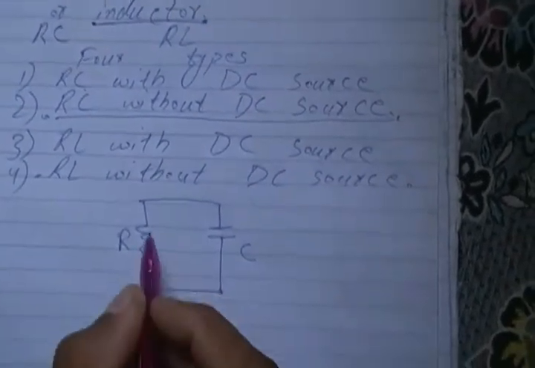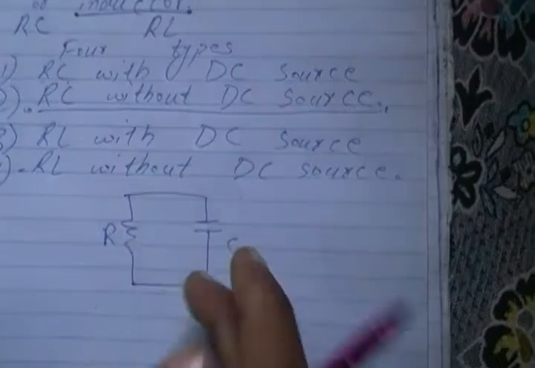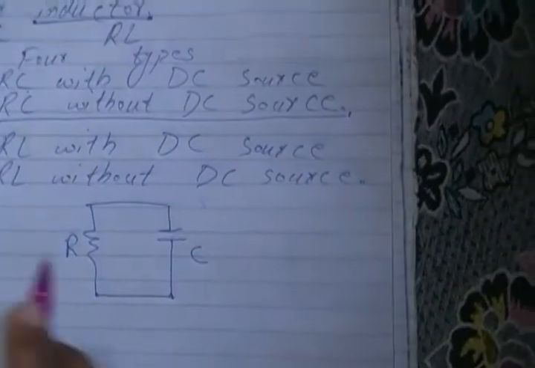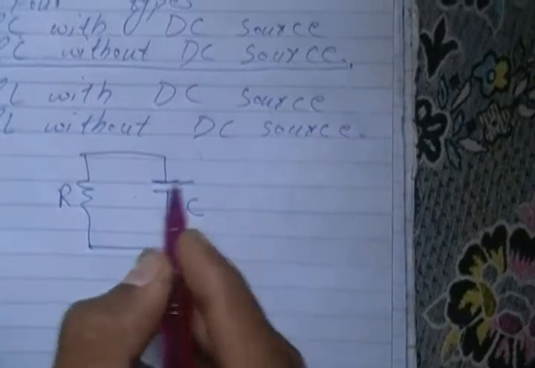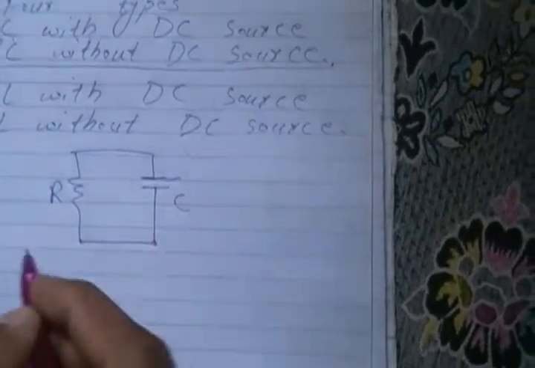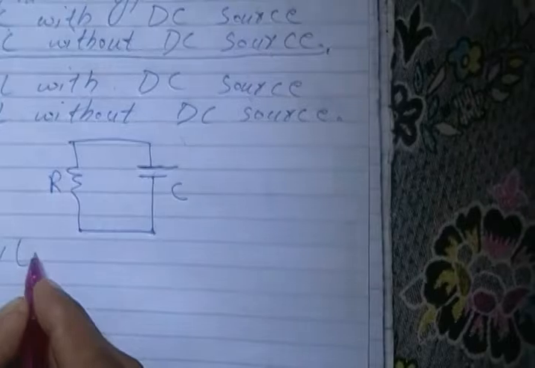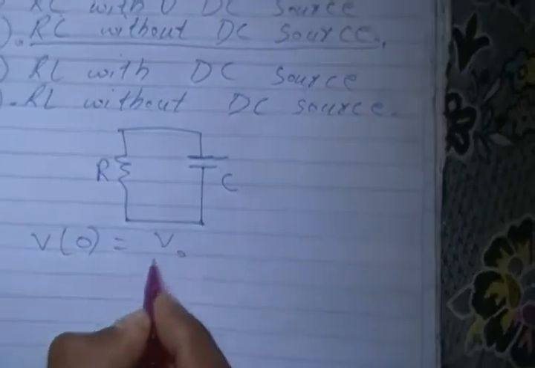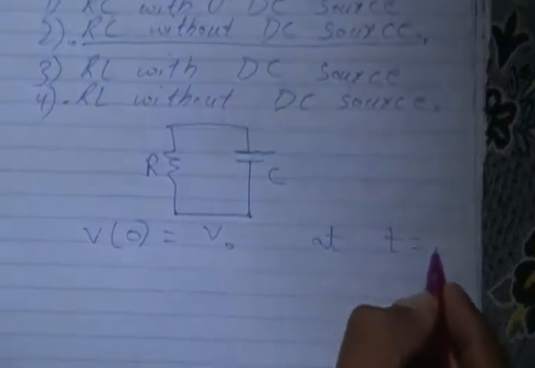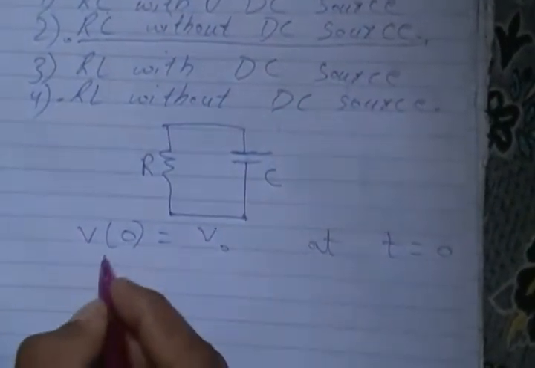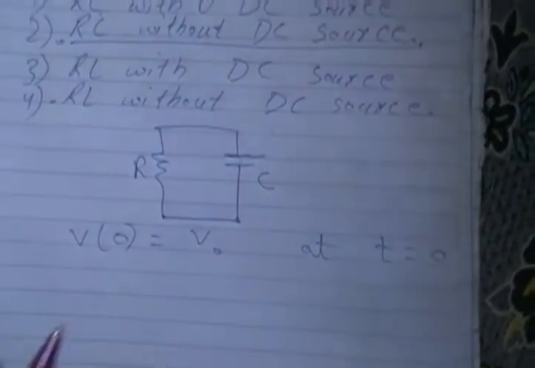These two are in parallel, but there is no DC source. Okay, so the initially stored charge in the capacitor is V of 0 equals V naught. V of 0 means that at t equals 0, the voltage of the capacitor is V naught.